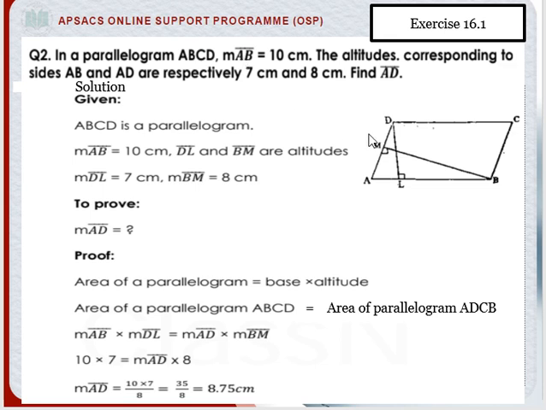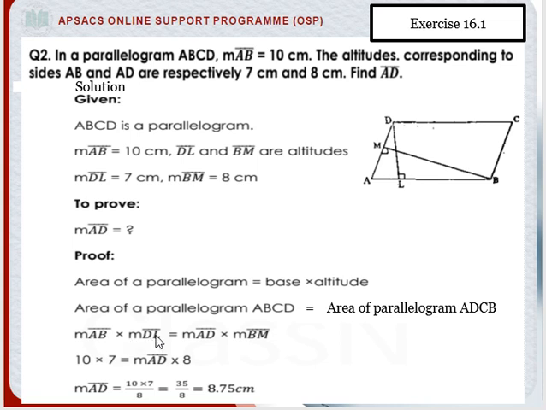Let me suppose two parallelograms are given in this figure: parallelogram ABCD and the other one is ADCB. So the area of parallelogram ABCD is equal to measurement AB multiplied by measurement DL.